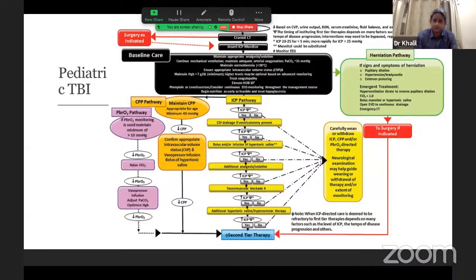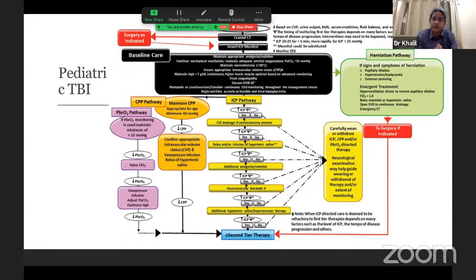Now carefully you have to manage, and when you have refractory surges, or when you have signs of coning like pupillary dilatation, hypertension, bradycardia, extensor posturing, then you have to do emergent treatment in the form of hyperventilation to try to reverse the pupillary dilatation.